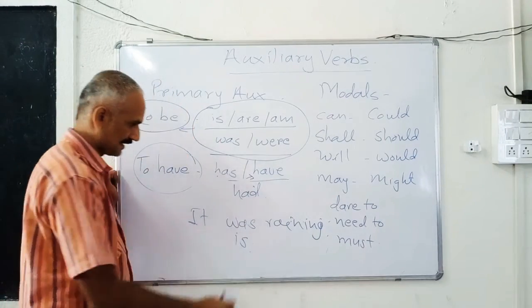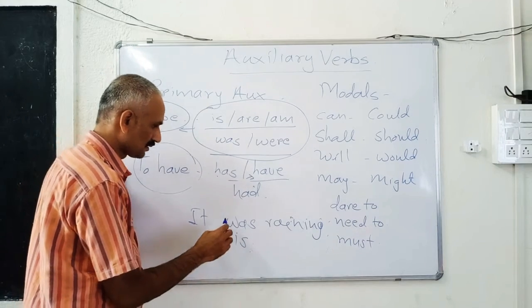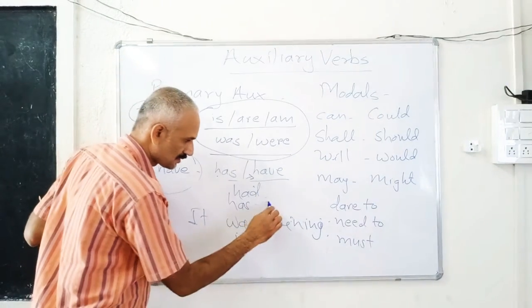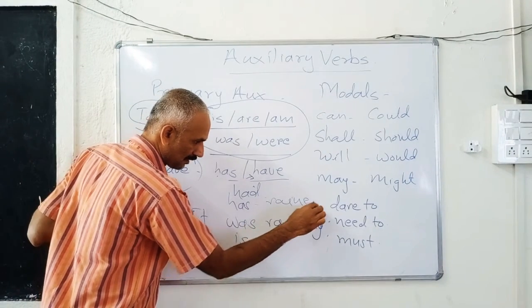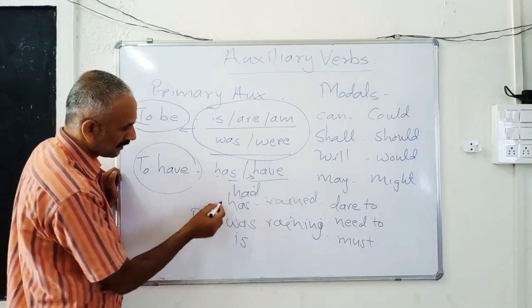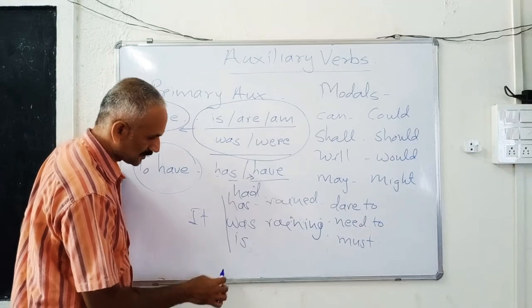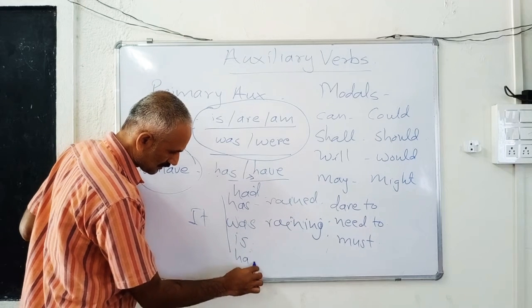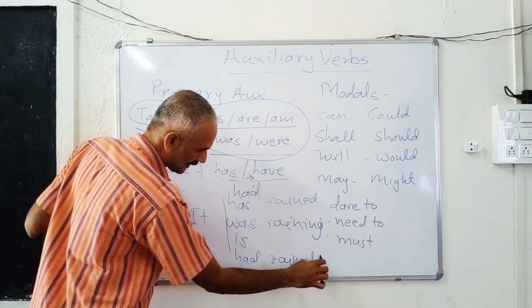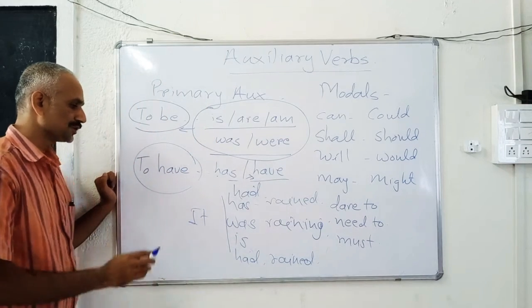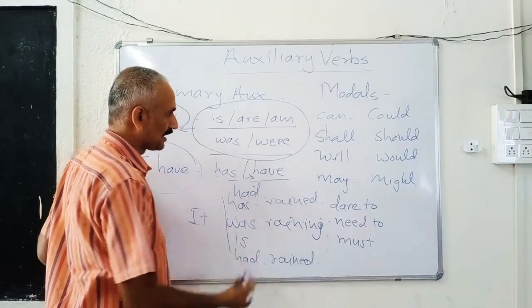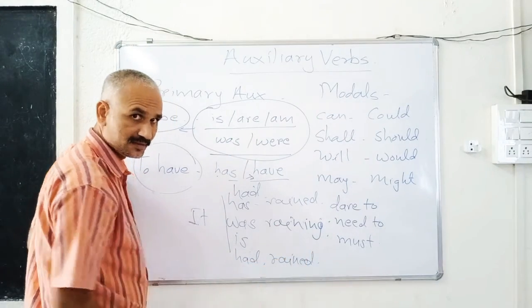It is raining. It has rained. Now you can point out it had rained. However, you can't say it were raining, it am raining, it are raining.